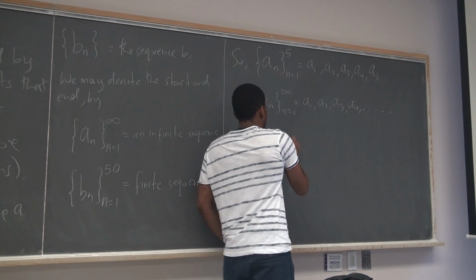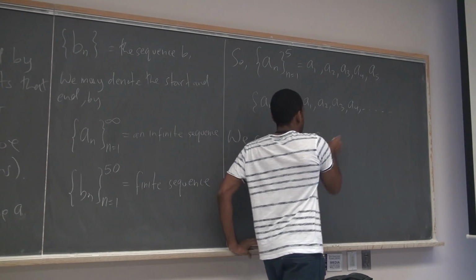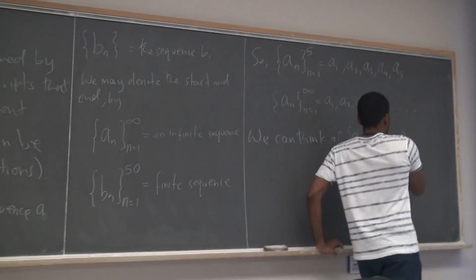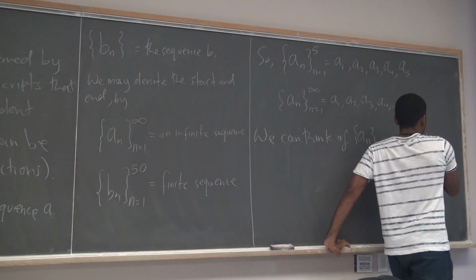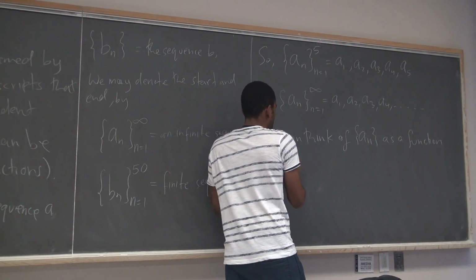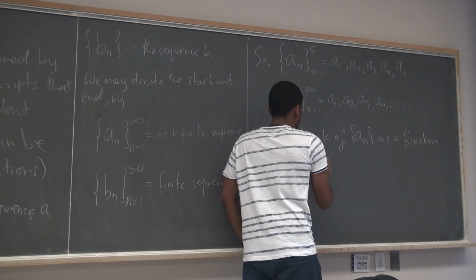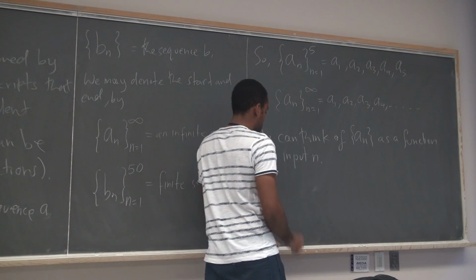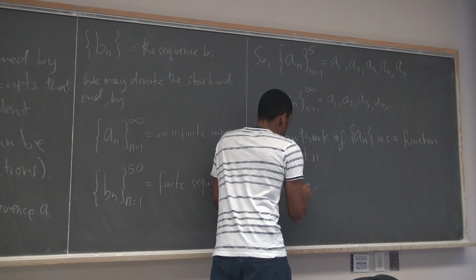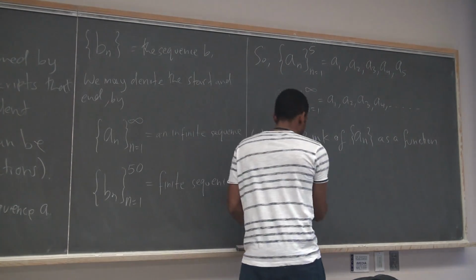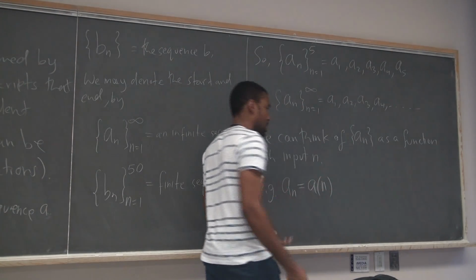We can think of a_n as a function with input n. So for example, I can say a_n is, and I can give you a formula for this, like a of n. That's how I can think of it.